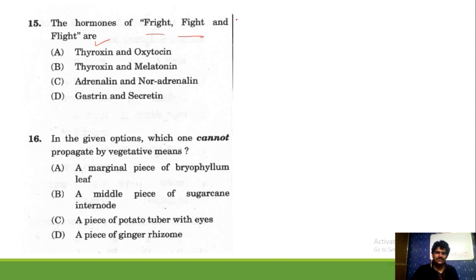The name itself suggests it, right? Fright means fear. Fight is when we are fighting with someone. Flight means whenever we are flying.